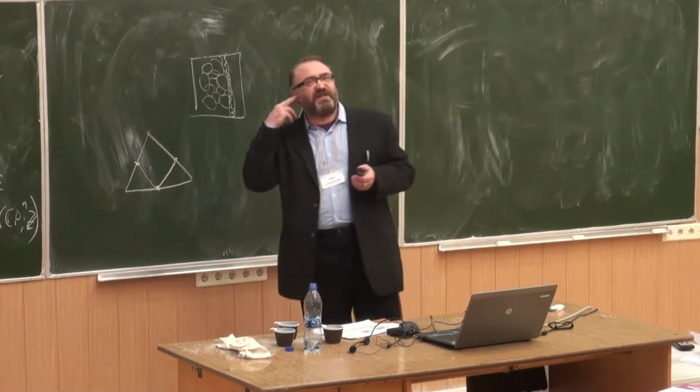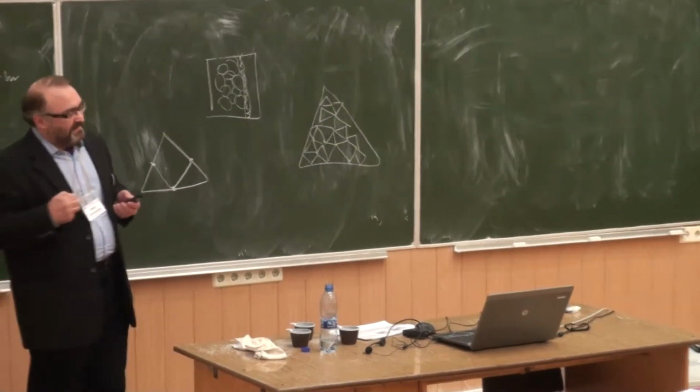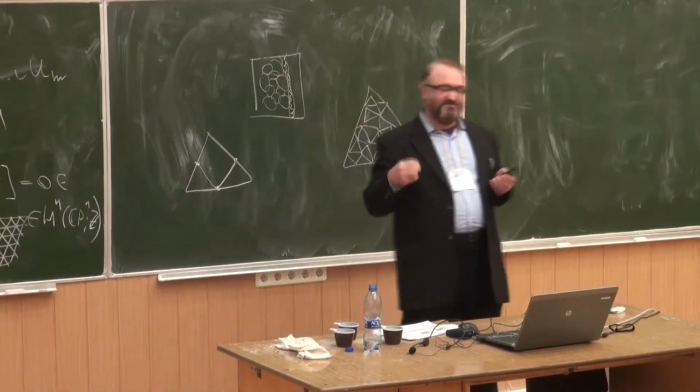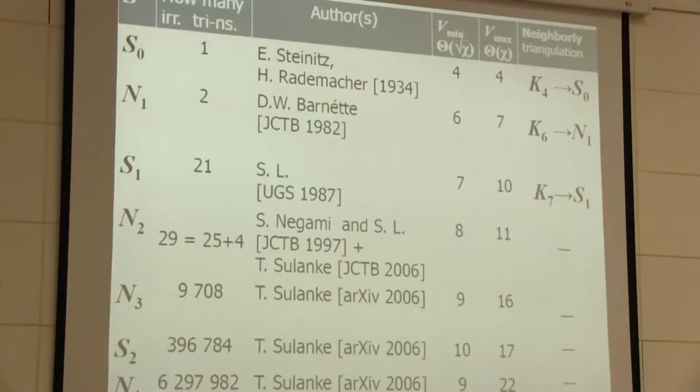Interestingly, Tom Sulanke works in the physics department of Indiana University, but he got very interested in this mixture of topological and combinatorial stuff. So he filled in the gap. Actually, he used basically our approach. So this result, the total of 29 irreducible triangulations of the Klein bottle, is attributed to the three of us.